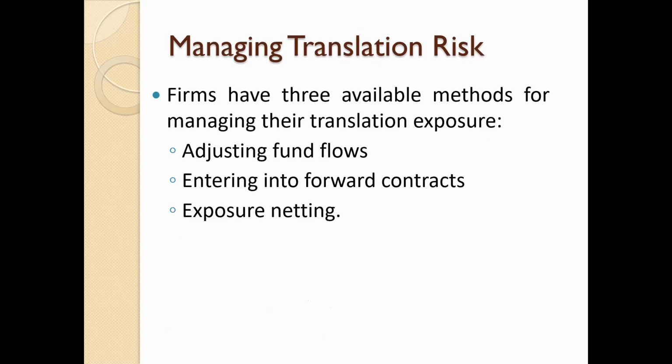For your textbook, you can refer to the management of other types of risk called translation risk, economic risk, etc. For managing translation risk, the organization can use three types of method: adjusting fund flows, entering into forward contracts, which we discussed, and exposure netting. So please refer to your textbook for more detail regarding the ways of managing translation risk.